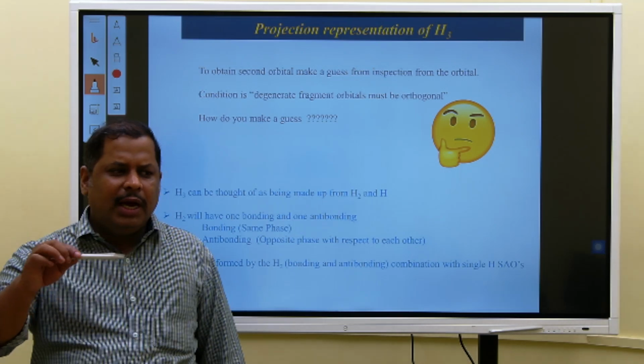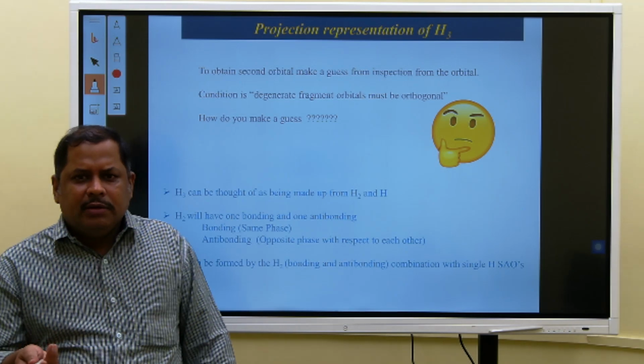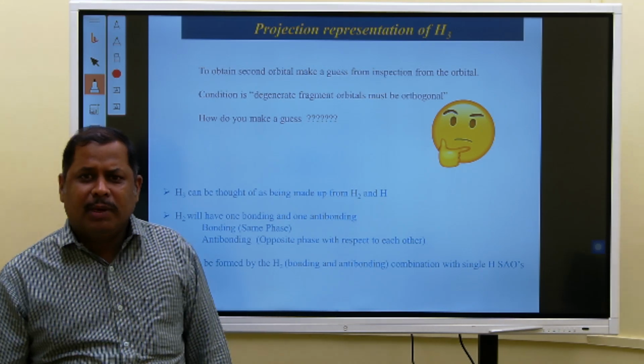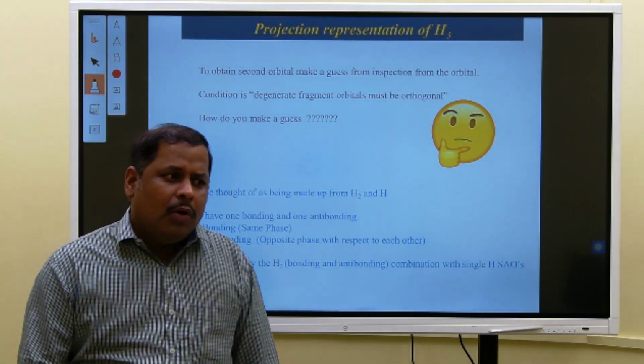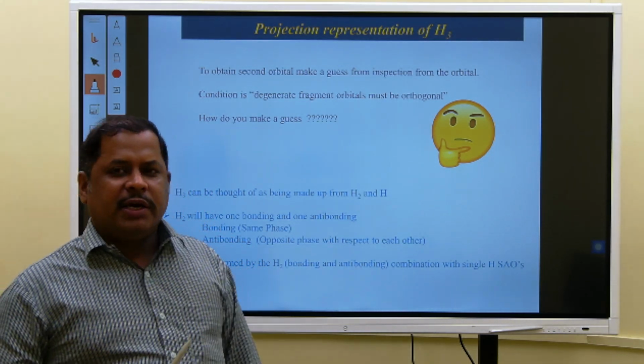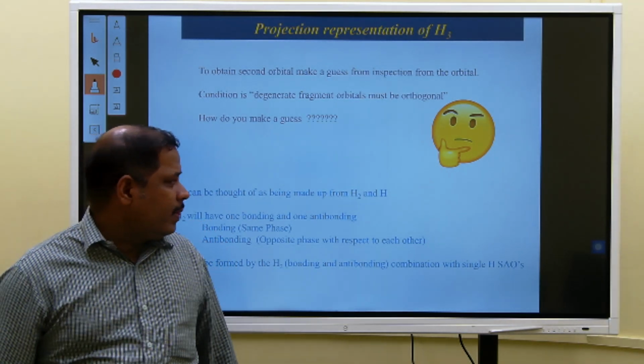One is bonding, another is anti-bonding. This is the simplest one, right? If it is bonding, S1 plus S2. If it is anti-bonding, S1 minus S2. Now, the point to be noted is that this H2 is going to be fixed up with another hydrogen, right?